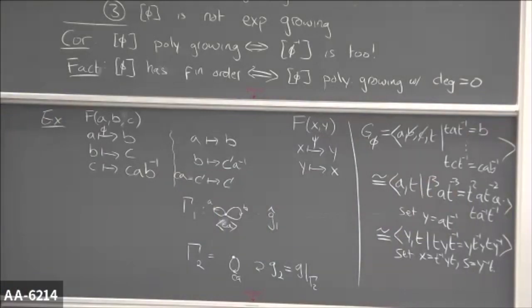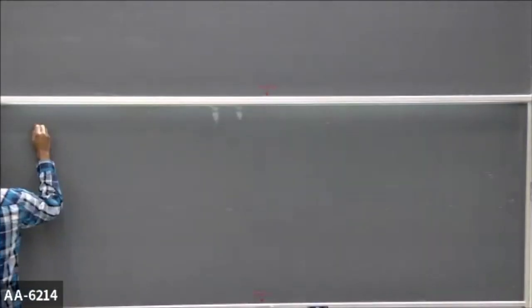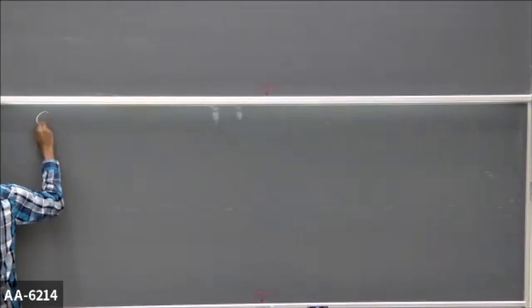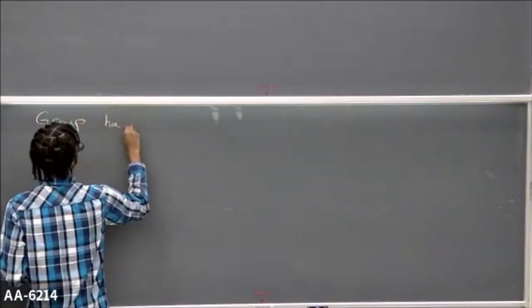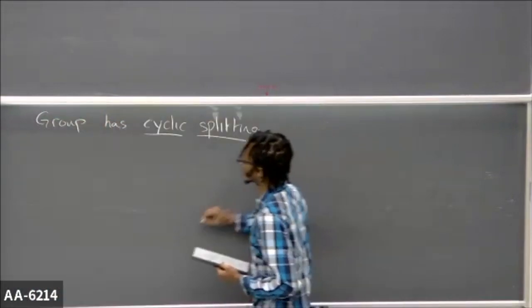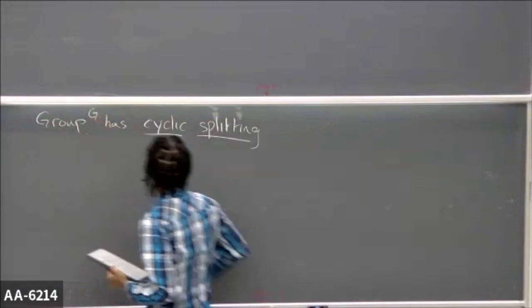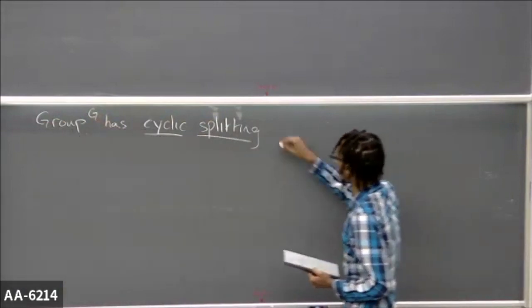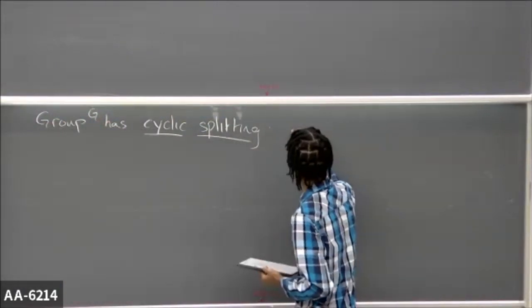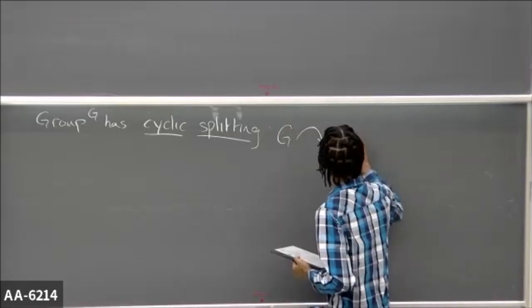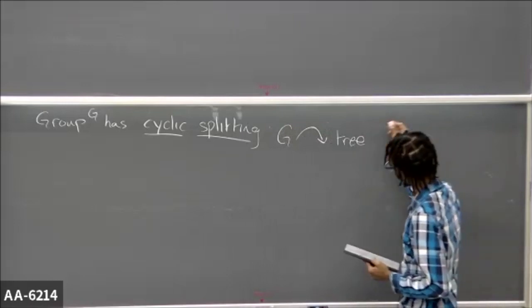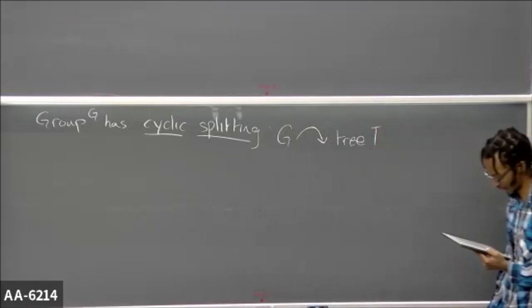I now want to move on to the next. So free-by-cyclic groups. A group G has a cyclic splitting if you have an action of G on a simplicial tree. Let's call it a tree T if we want a name.